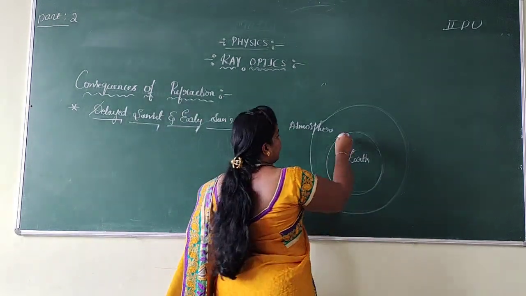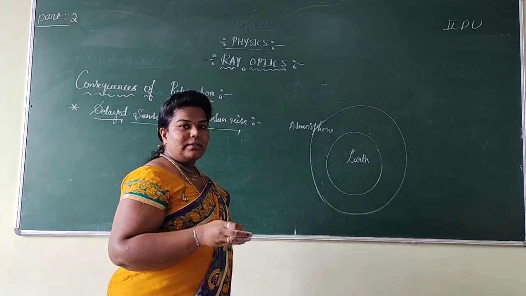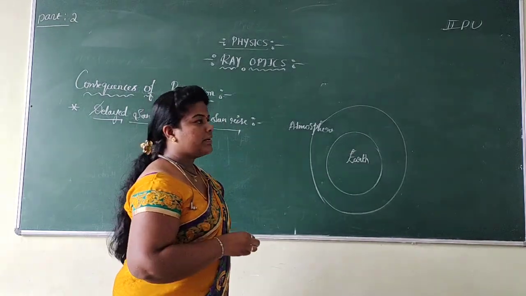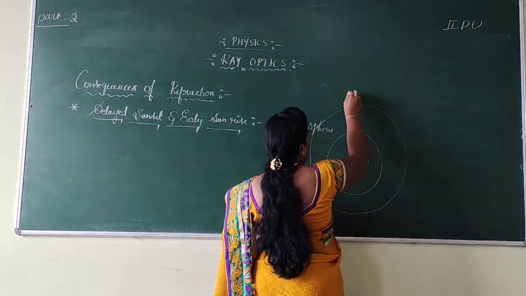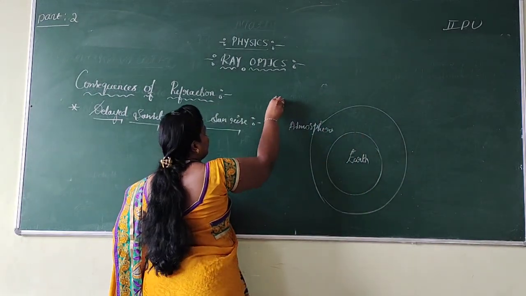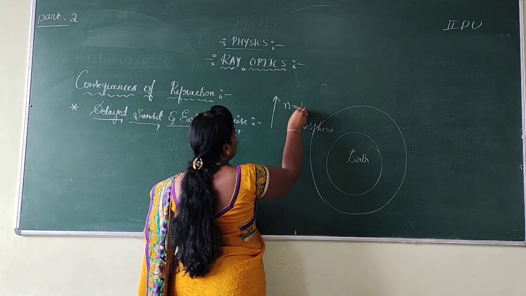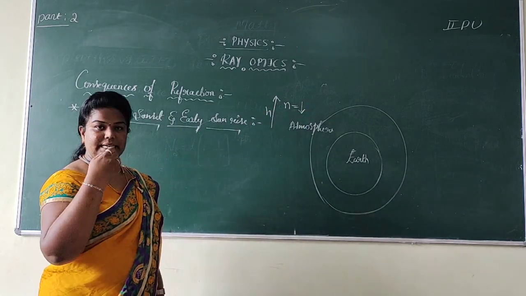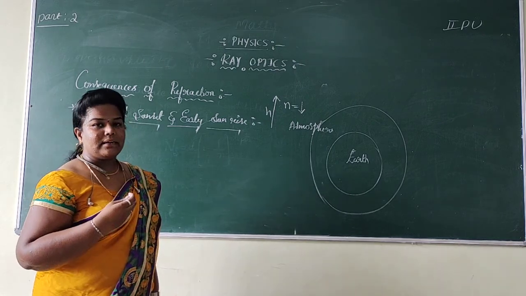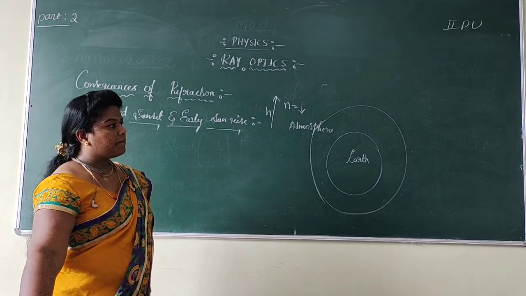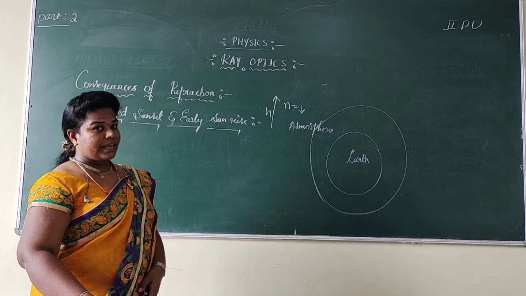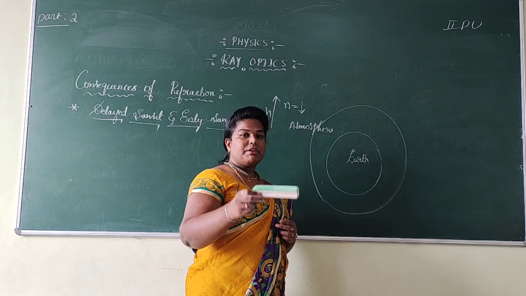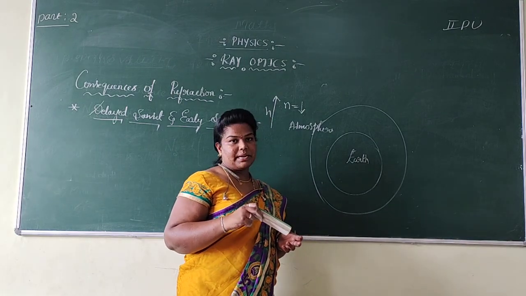Now, each layer of this atmosphere has a different refractive index. Dear students, as we move higher, the refractive index of the layers decreases, that is, the optical density decreases. So the ray of light coming from the sun is coming from a rarer medium to a denser medium.